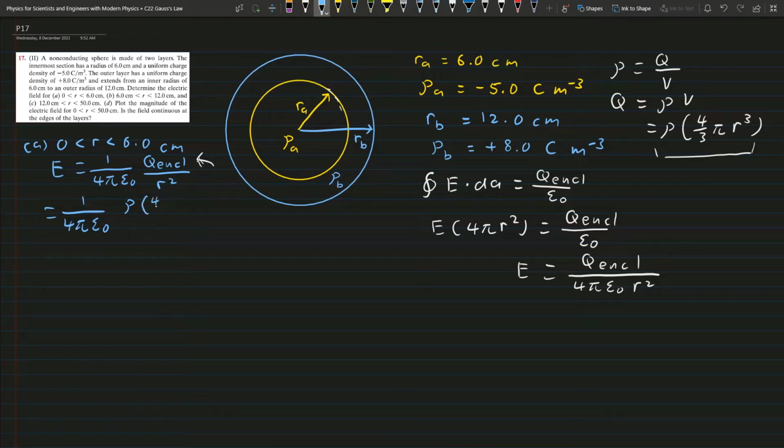This is 4/3 pi r cubed. This is r squared, and clearly this cancels one.